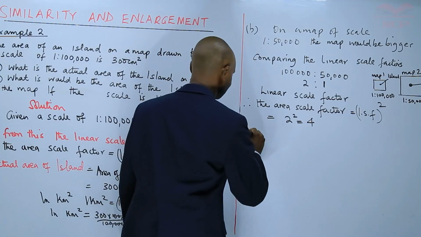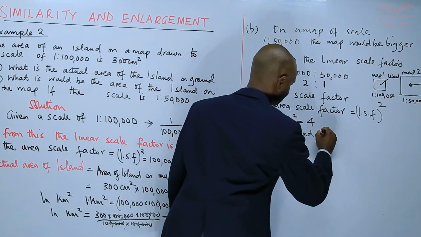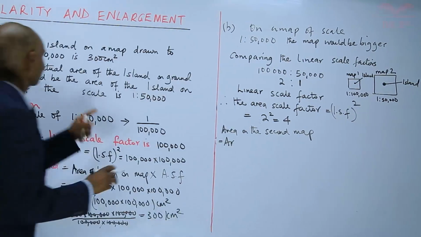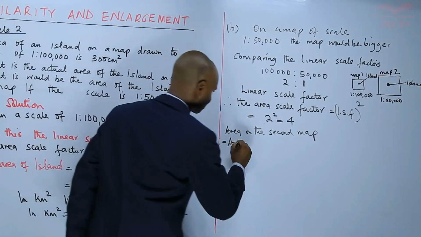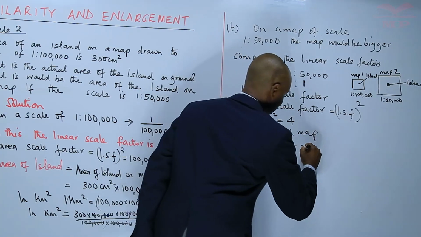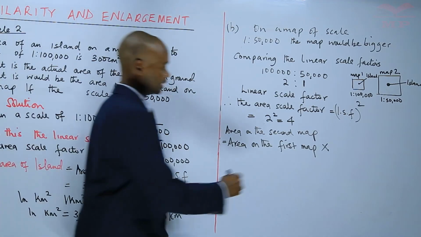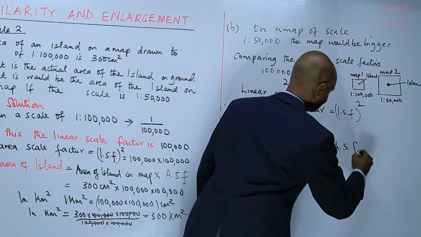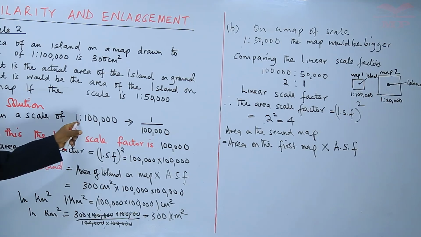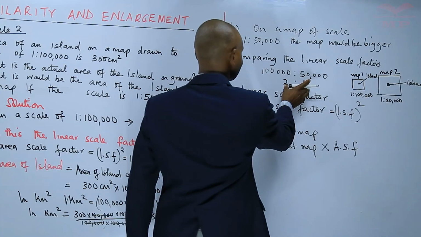So the area on the second map will be equal to the area on the first map, which was given, multiplied by the area scale factor, which I got from the relationships of the linear measurements.